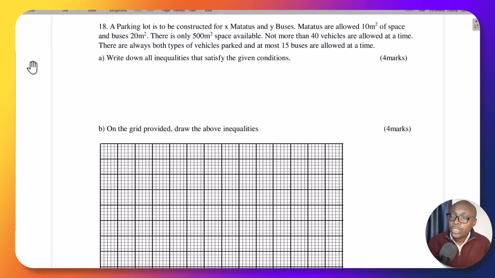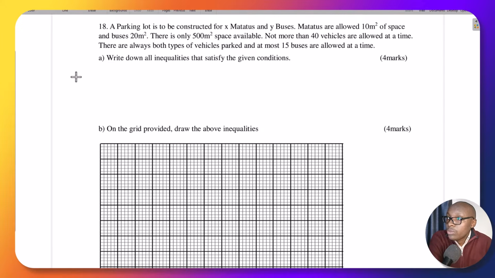So for you to ensure that you come up with correct inequalities, you need to read and understand statement after statement. So let's go to the first statement. A parking lot is to be constructed for X matatus and Y buses. Matatus are allowed 10 meters squared of space and buses 20 meters squared of space. So there's only 500 meters squared space available. So from there, we can get the first inequality.